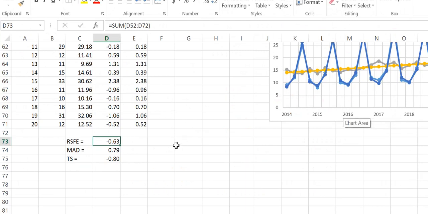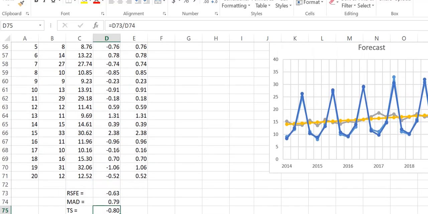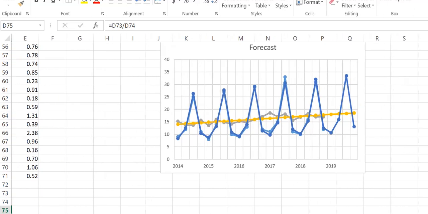Here in Excel you can see where I calculated the tracking signal. If you round it to 2 decimal places, you just get 0.80. So our forecast seems to be working really well. And if you look back at the data, they do fit very closely. Sometimes one is higher than the other, and sometimes the other is higher. So it seems like it's working very well.